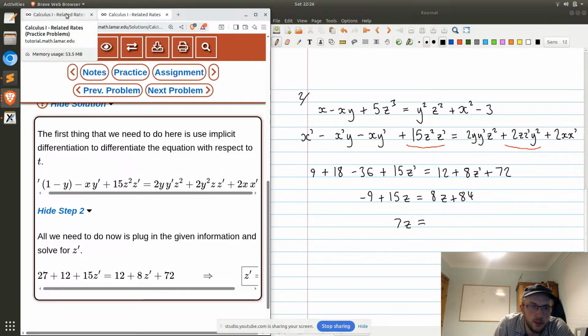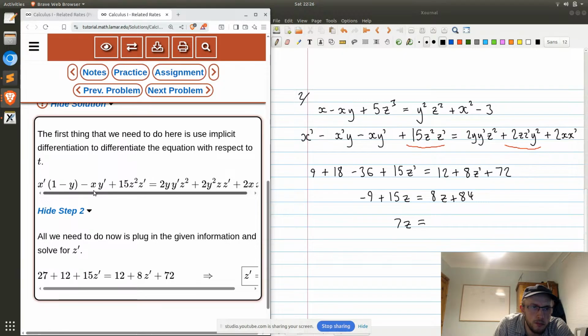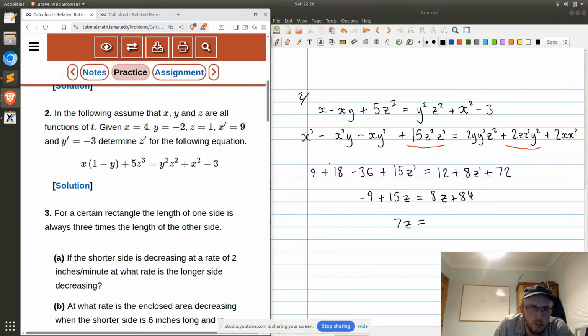Somehow. There's their 27. Why is this 12?